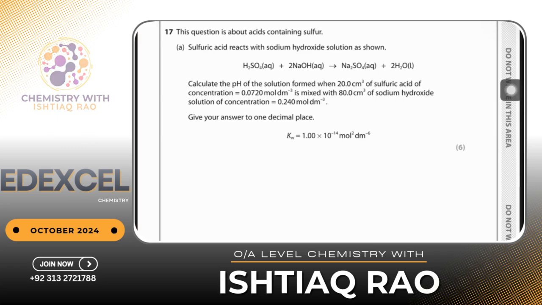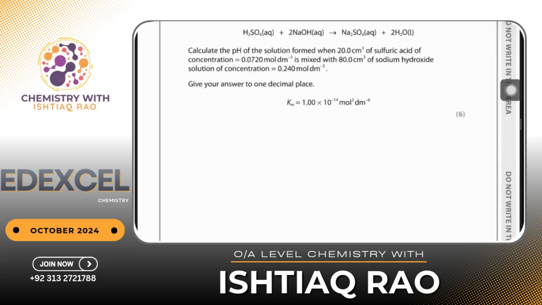I'm also doing it, so you can match with your calculation. First of all, I am going to find the moles of sulfuric acid. Moles of H2SO4 is equal to 20 multiplied by 10 to the power minus 3, converting it into dm³, and the concentration is 0.0720.